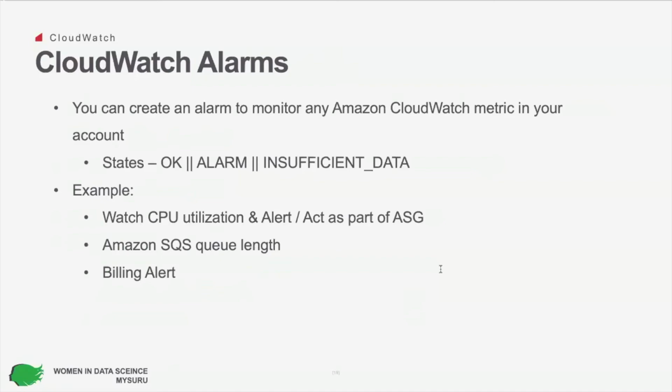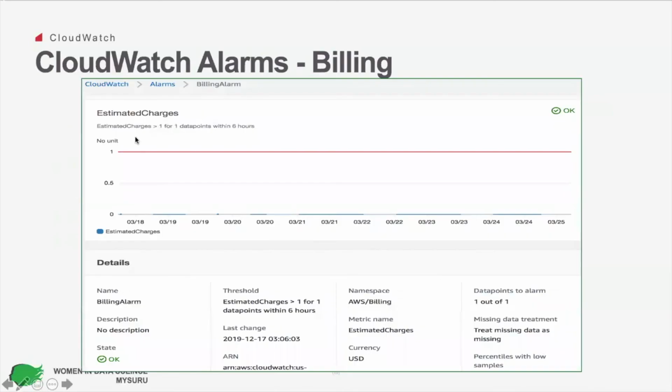If it is growing, you may want to add additional consumers which will consume the messages from the queue. Okay. And another important thing is you can set up a billing alert. Say when you create an AWS account, the first thing you would do is configure an SMS notification to alert you if the bill amount exceeds $10. So here is the example of the billing alarm that you can set.